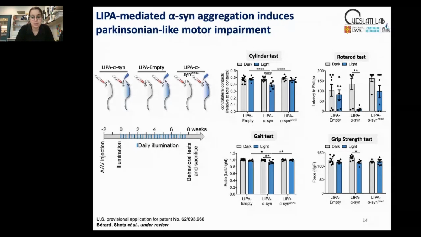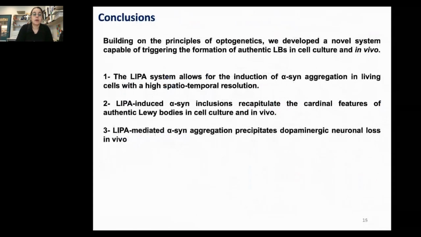So in conclusion, building on the principle of optogenetics, we were able to develop a novel system that's capable of triggering the formation of authentic LBs, both in culture and in vivo. So the LIPA system has allowed us to induce alpha-syn aggregation in living cells with high spatiotemporal resolution, which is a very interesting feature available with using this system.